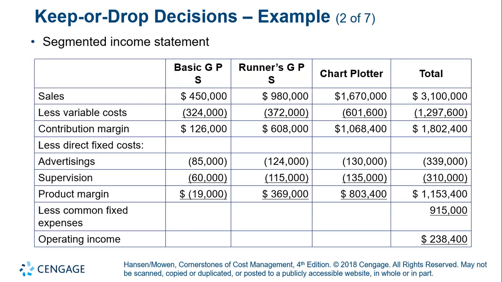And the product margin for the three products now is 1,153,400 minus the common fixed cost equal to 915,000. So that leaves the operating income of 238,400.